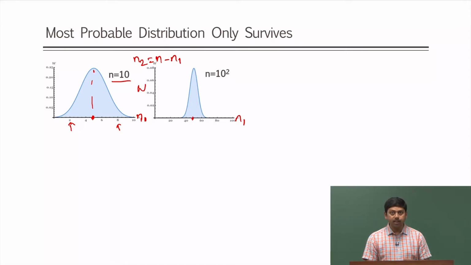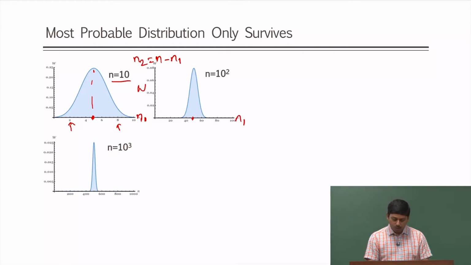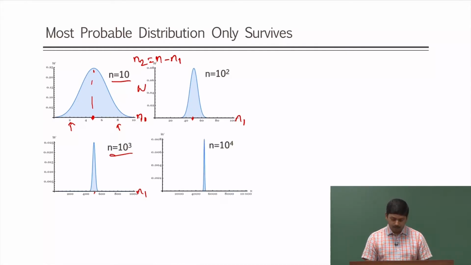There is a deviation of 10, so it falls almost like the deviation of 5 here, but we have to think about percentage deviation; we will come back to that, but you see that the fall is faster. Now go to 1000 particles: N1 equal to 500 is the maximum, and within 400 it is falling off. 500 to 400 is just 100 out of 500, which is 20%.